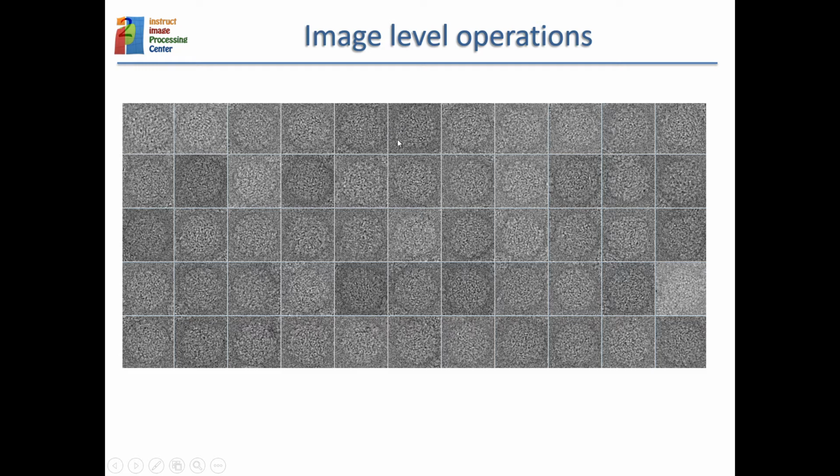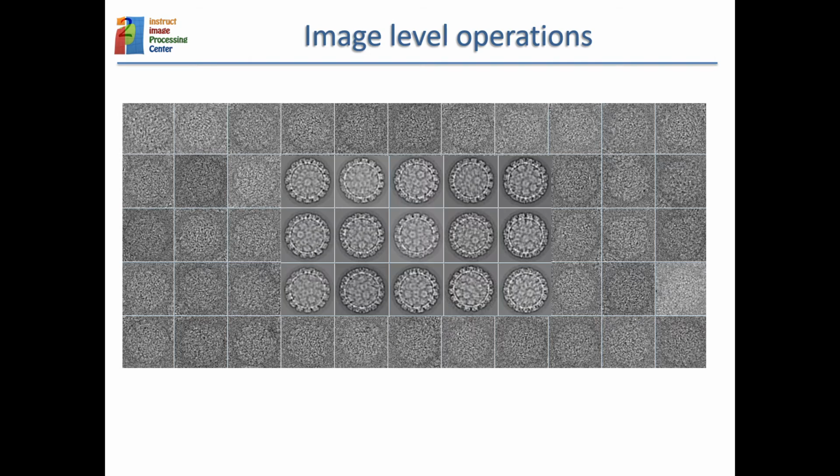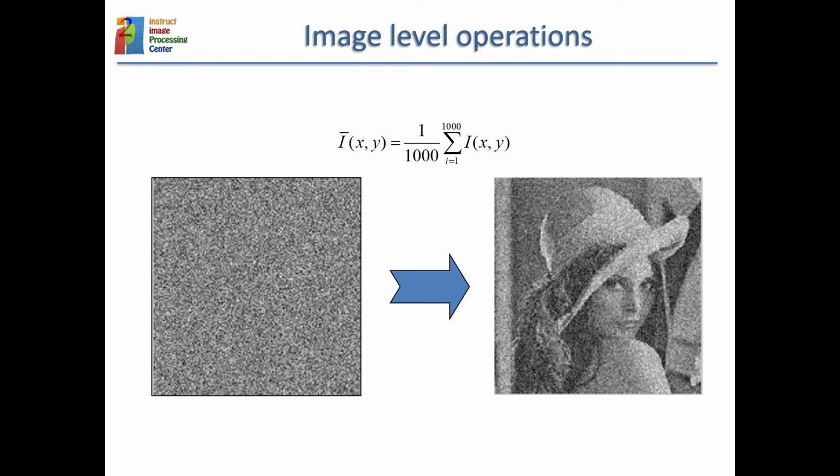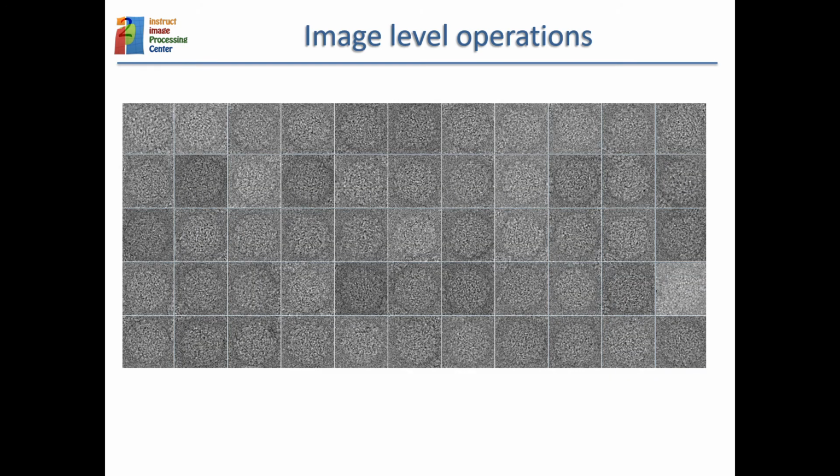But if you identify which images look alike, and then you align them correctly, and then you take the average, then you get these very nice summaries where you have removed much of the noise, and then you can see the capsomers of the virus very nicely with some fine details, and so on. So this is exactly the same operation that we were doing here with Lina, but now with viruses.